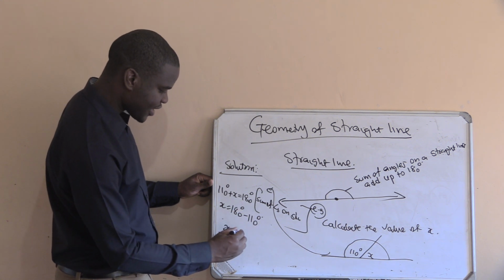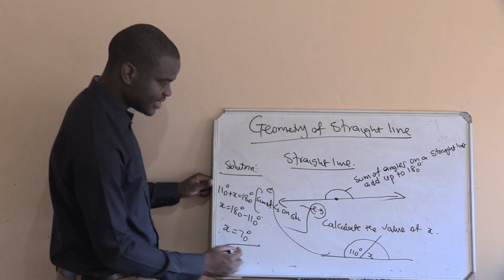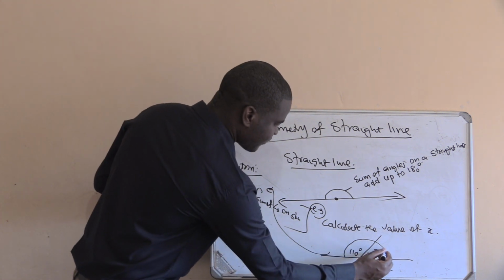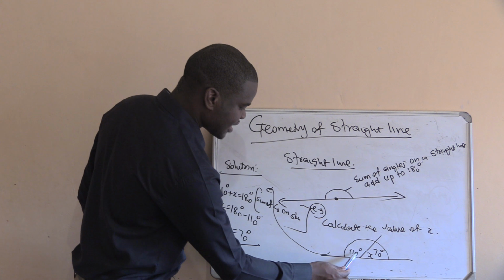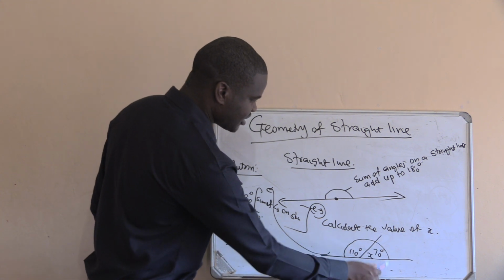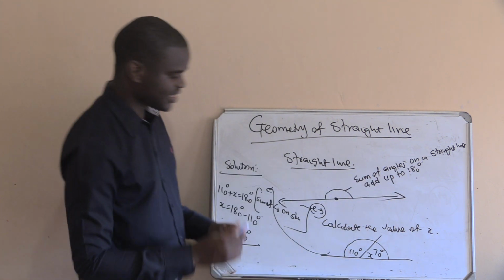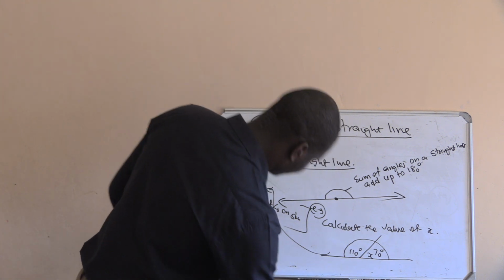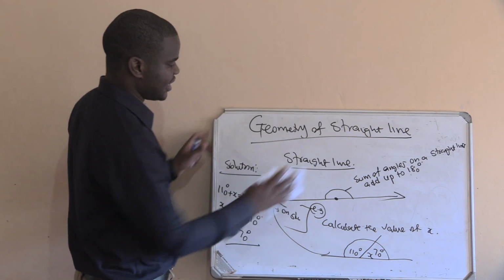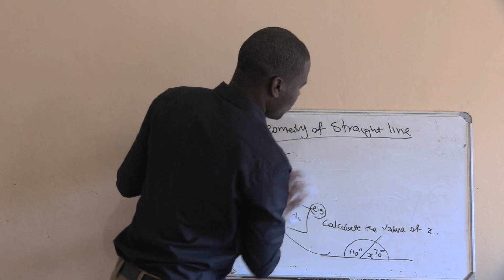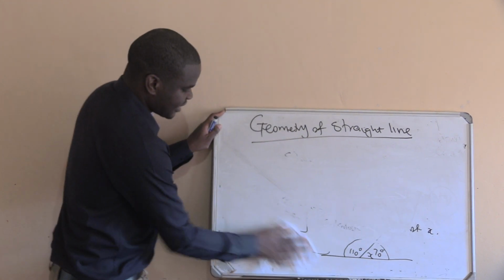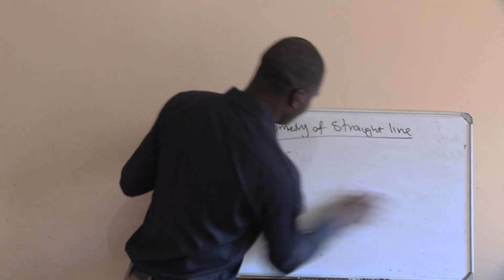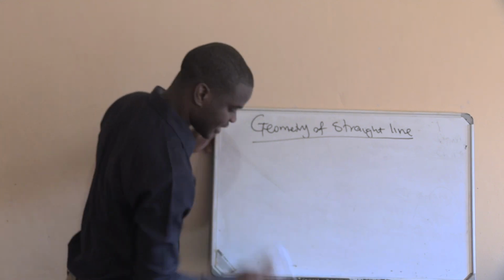So the value of x will be 70 degrees. So meaning that this is 70 degrees. When you say 110 degrees plus 70 degrees, it gives you 180. Sum of angles on a straight line, they add up to 180 degrees.